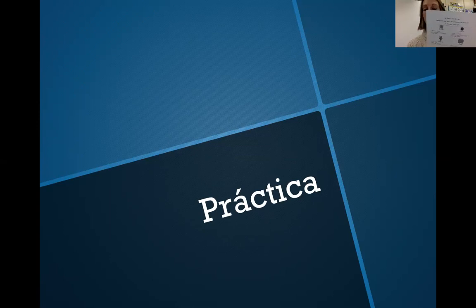Autumn is A-U-T-U-M-N. And in that box for autumn, el otoño, it says hace fresco. Repiten, hace fresco. Muy bien. That means it's cool or it's chilly. A little bit, not too much. Hace fresco. This one we've used quite a bit the last couple of weeks.